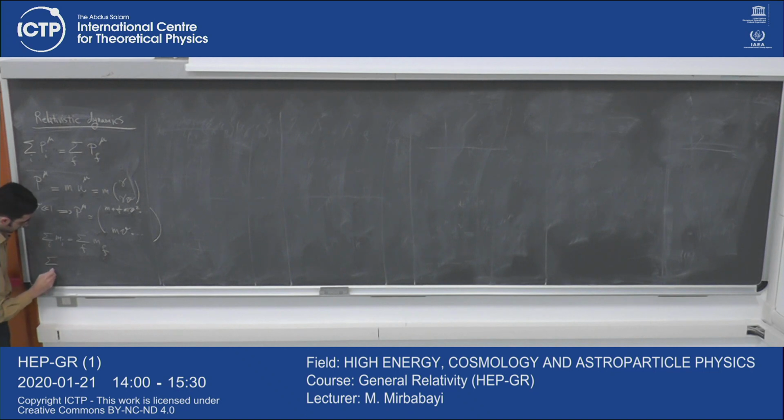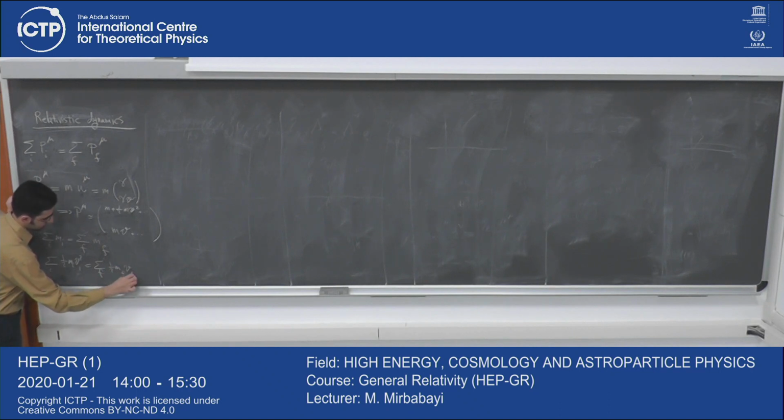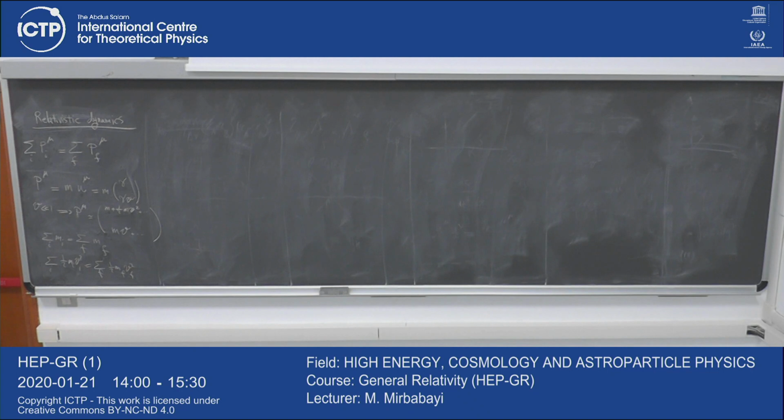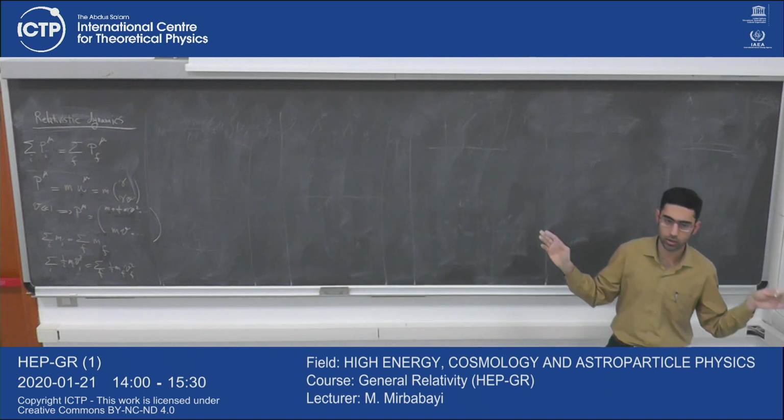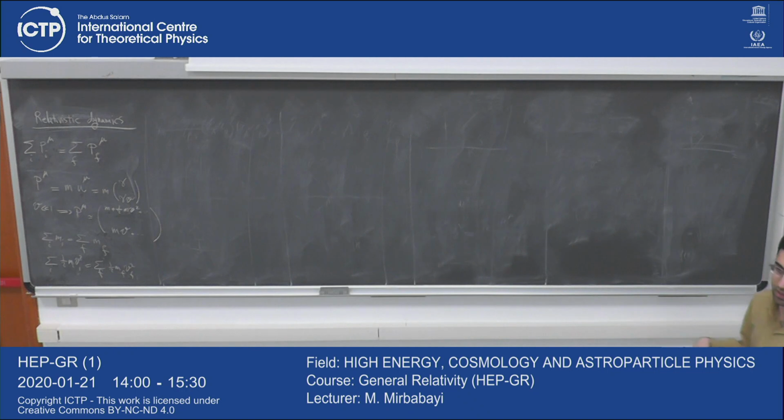So then we get the sum of initial kinetic energies equal to the sum of the final kinetic energies. Of course, here I'm talking about the scattering process where there are initial particles with no interaction and final particles with no interaction. So the energy is just determined by the kinetic energy.